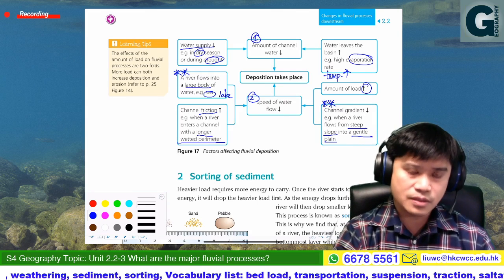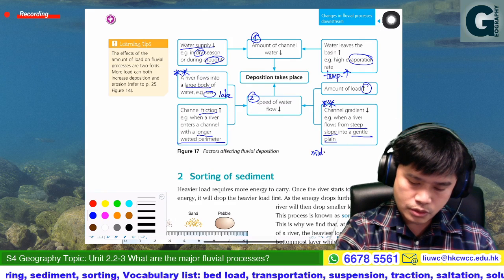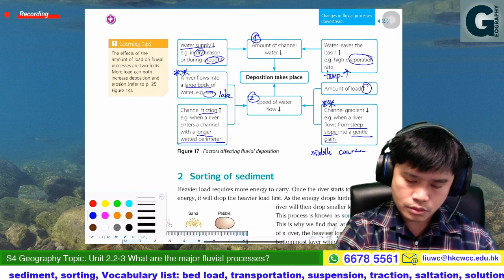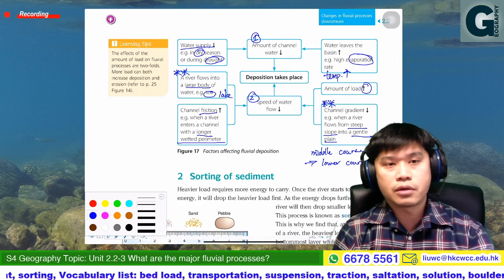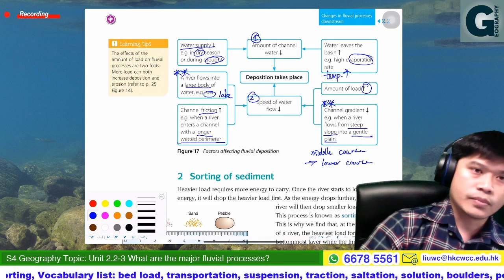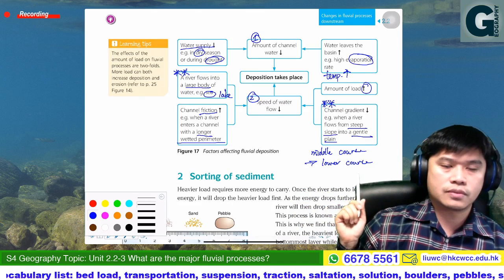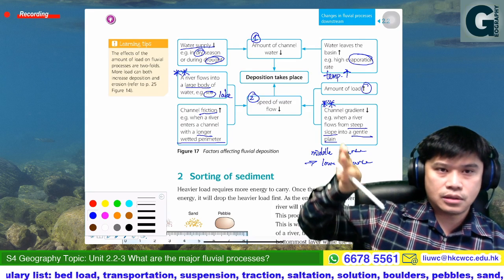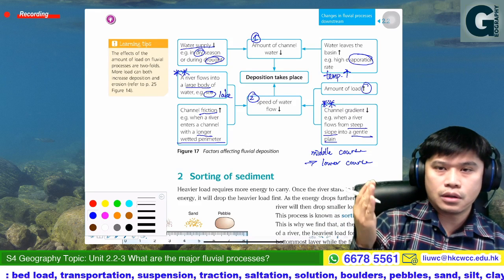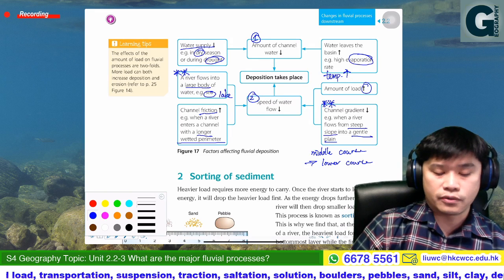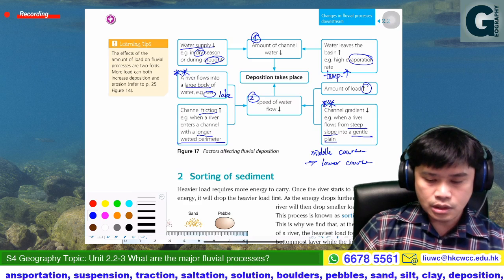It is very simple, as we have learned: when the water flows from the middle course to the lower course, the gradient drops, from a steep slope to a gentle slope. Therefore, the speed of river flow will drop, and all this leads to deposition.